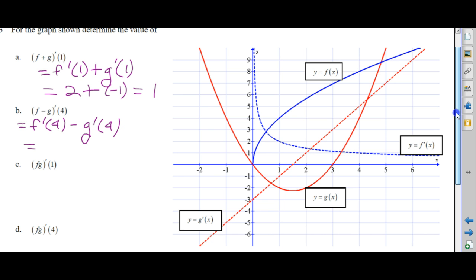Okay, what's f prime of 4? 1. What's g prime of 4? 5. What's 1 minus 5? Hopefully we don't need a calculator. Negative 4. Okay, what's f g prime of 1?